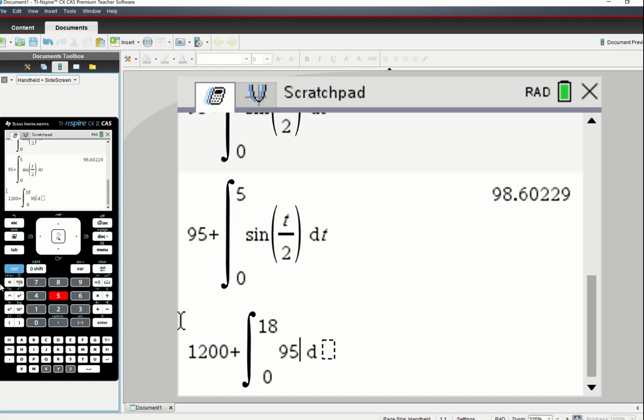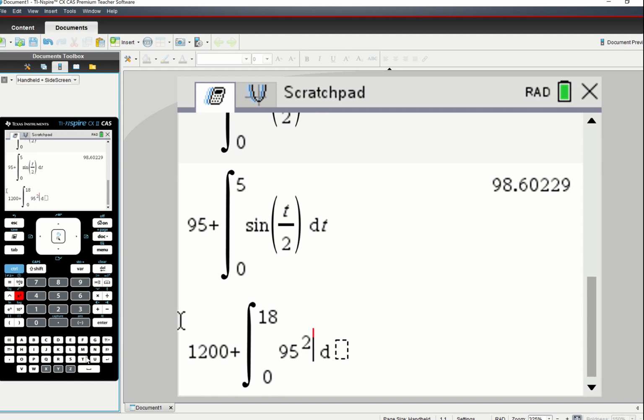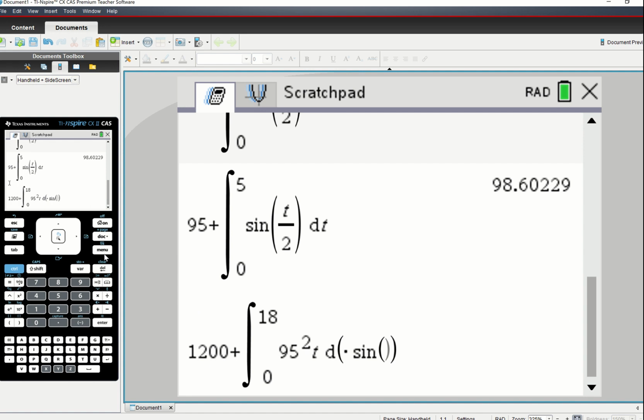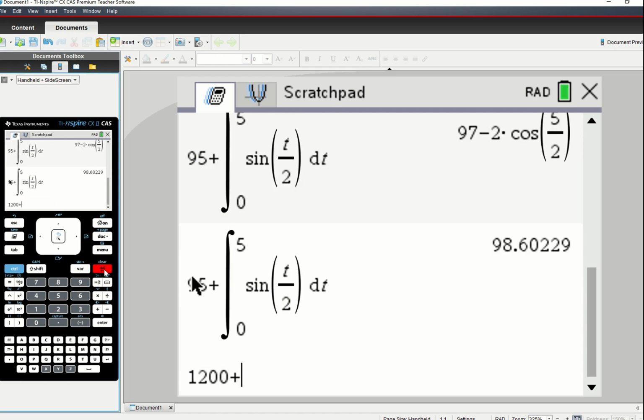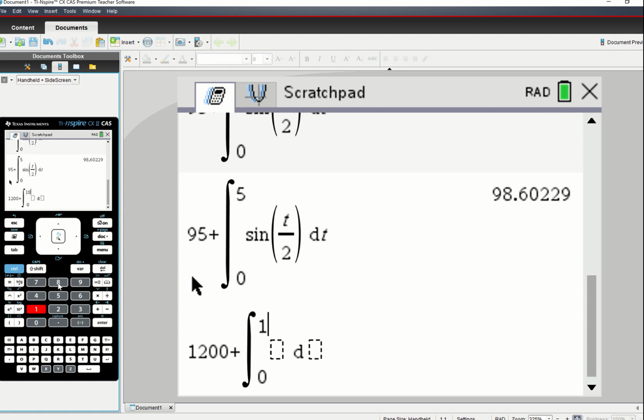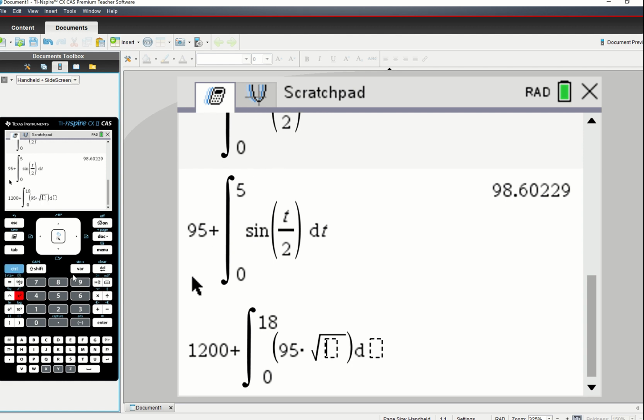So 95 root t times the sine. Oh, you could see I already have a typo. Let's fix that. Sorry, it got a little crazy there with the deletes. All right, trying again. I got 95 times the square root of t. There we go. That's looking better.